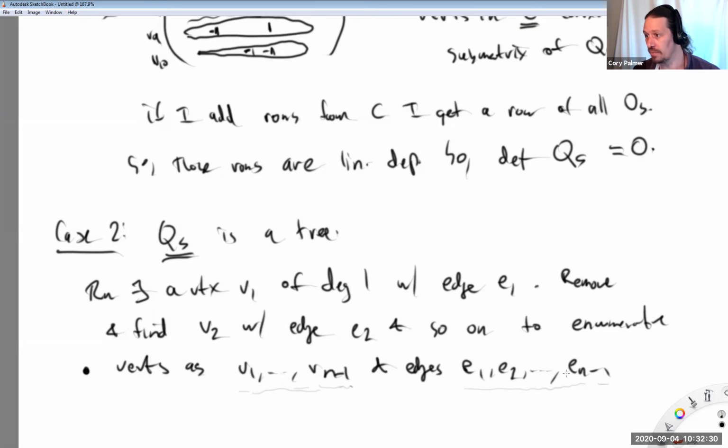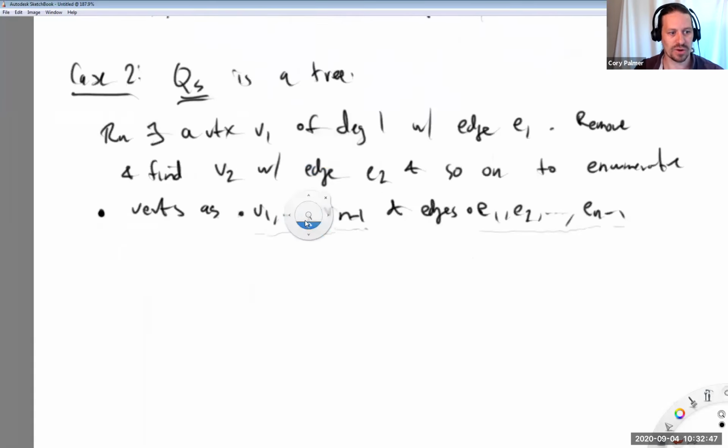I can rename them by changing the names of the labels so that they come in this order. Just keep in mind, I'm not giving a new labeling. I'm not guaranteeing that the vertex labeled 1 has degree 1. I'm just giving them new names so that I have this nice list here, right? This is a strategy you want to employ in homework number 6 as well, in a sense, although in a simpler way.